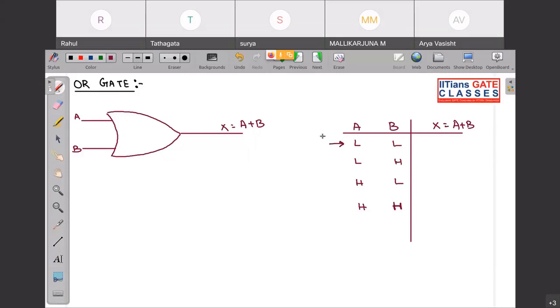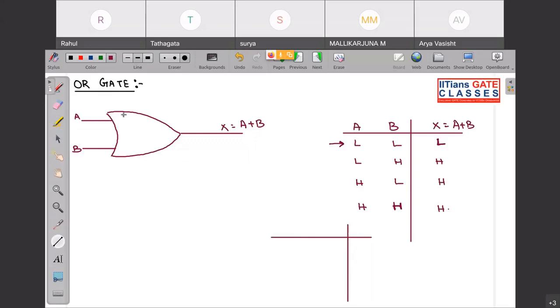For the AND gate, output will be high when all the inputs are high, and for the OR gate, output will be low when all the inputs are low. So you can see at this place only, all the inputs are low, so the corresponding output will be low, and in the rest of the places any one of the inputs is high, so your output will remain high. Now you can encode this in your positive logic.